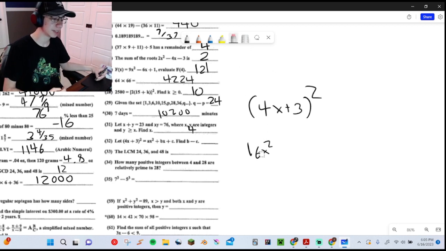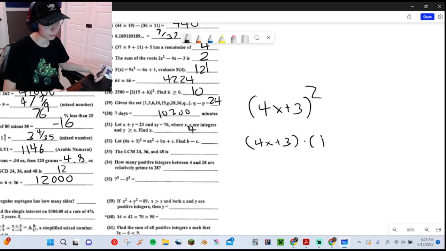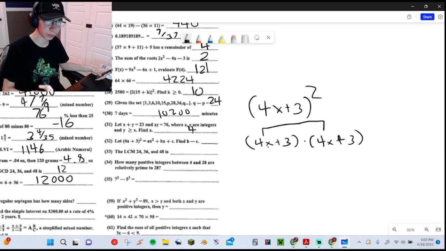And then, let me show you how you want to think about this. I'm going to show you two ways. There's the FOIL way, and then there's the memorization way. The FOIL way works like this. I have this binomial times itself. I'm going to do the first, outer, inner, last, FOIL. So the first terms, that's going to be 16x squared.